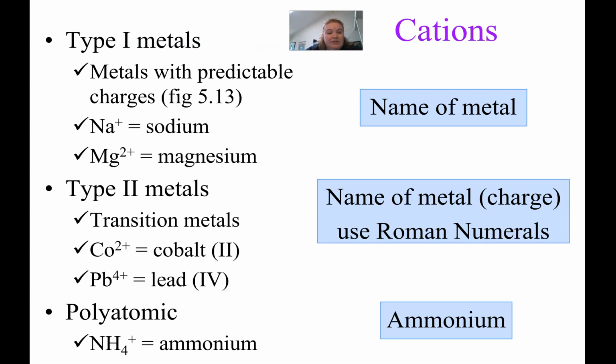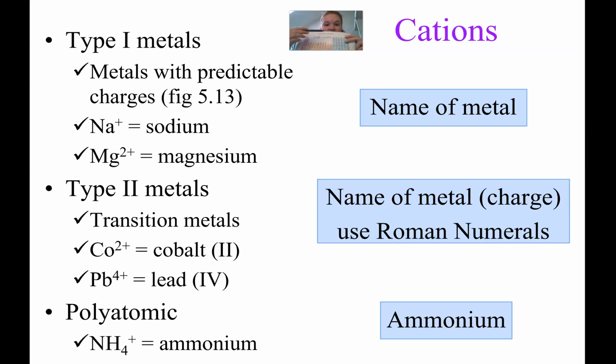the first type that was listed was a type 1 metal. These are metals that have a predictable charge. So we looked at our periodic table. We know that we can base our charge off of locations on the periodic table. Remember, we went across and said +1, +2, +3, -3, -2, -1.